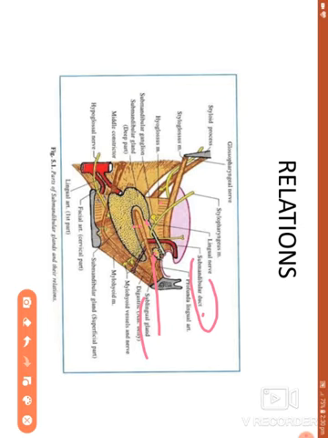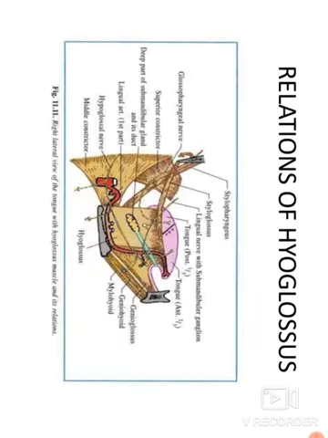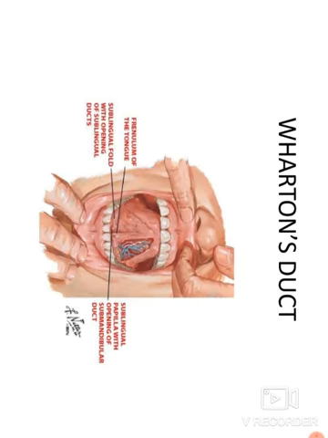Then forwards between the genioglossus and sublingual gland. Some ducts of this sublingual salivary gland join with the submandibular duct, and together they open into the floor of the mouth.